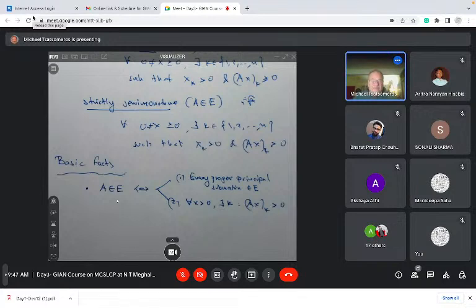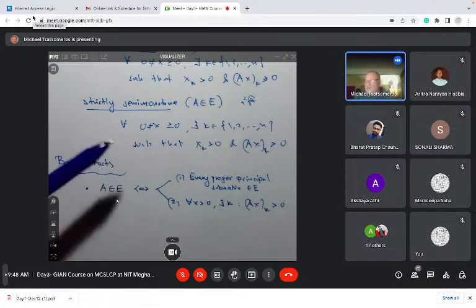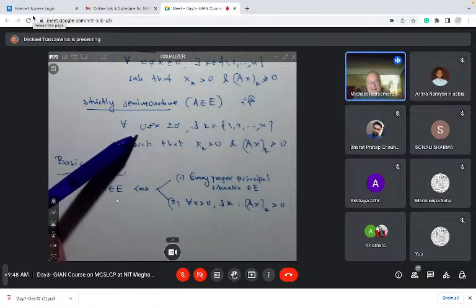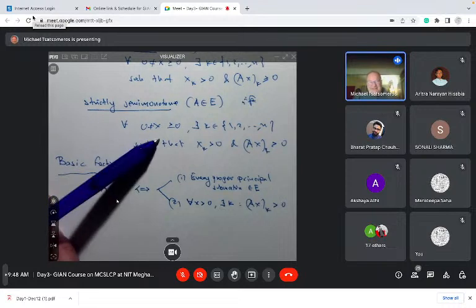It's a little revealing, but also revealing of the difficulty in characterizing semi-monotone matrices. Because strictly semi-monotone matrices, we cannot possibly check the defining property. We can't work with all non-negative x's.